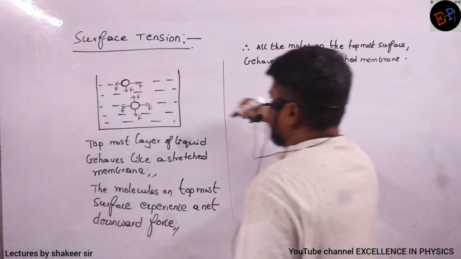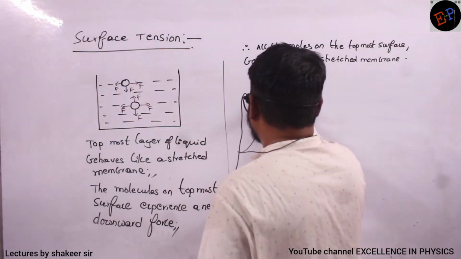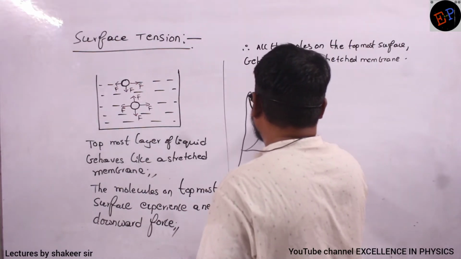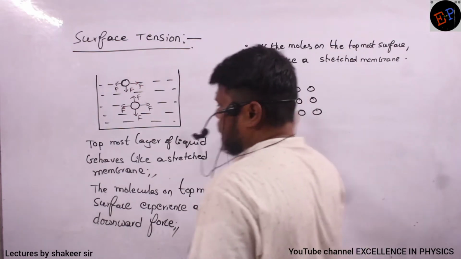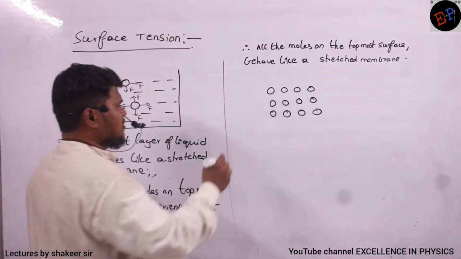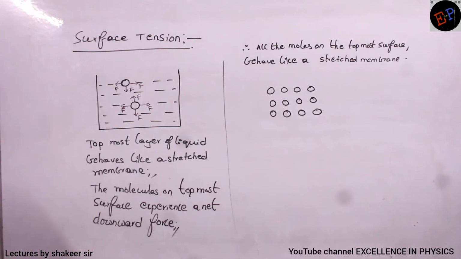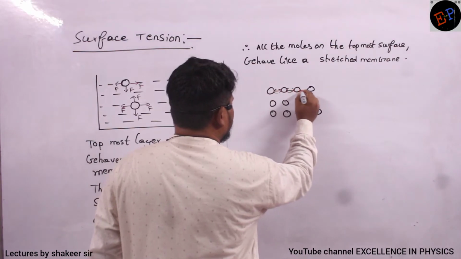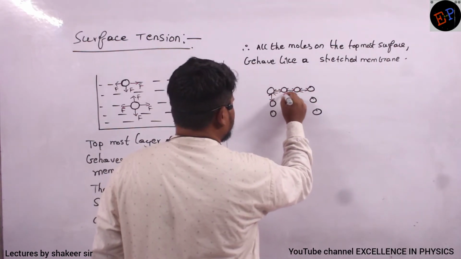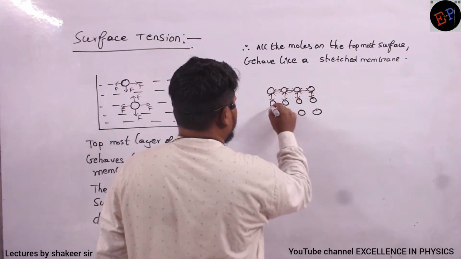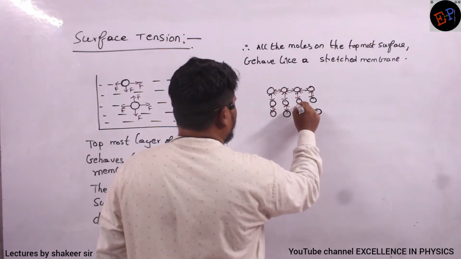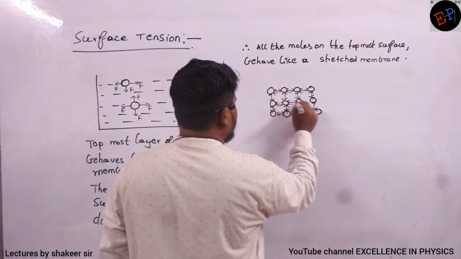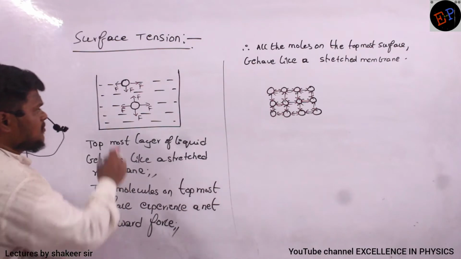If you see all the molecules on the topmost surface, they will be like this. These are the molecules present on the topmost surface. In between them, intermolecular forces will be present. These kinds of forces exist between them, and they are also experiencing some net downward force.